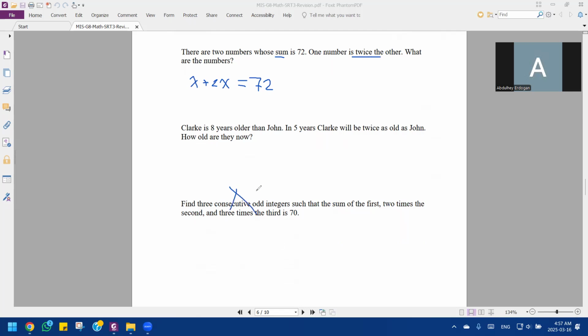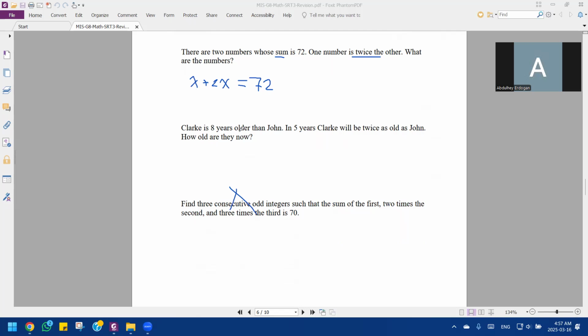Find the three consecutive odd integers. No, let's skip it. Okay, we have Clark. Clark is 8 years older than John. So when you have these kinds of ages and people, let's try to give each one a sign, or an expression. Which one is smaller?